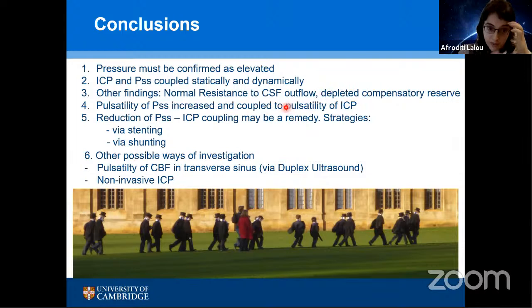We also know that the pulsatility of these pressures is increased in IIH, and we can see that during infusion. Because of this specific coupling between sagittal sinus pressure and CSF pressure, if we target the root of the mechanism of the problem via stenting or via shunting, depending on which of these two options the pathology is amenable to, we can reduce this problem and treat the patient.